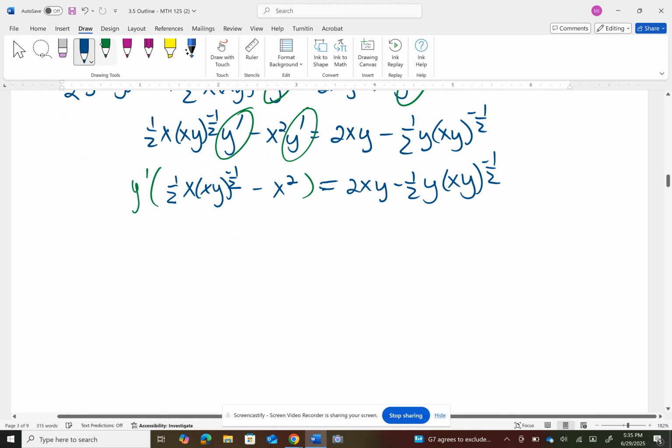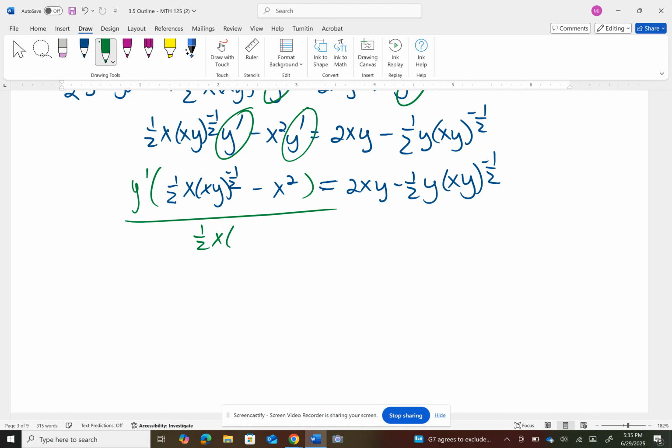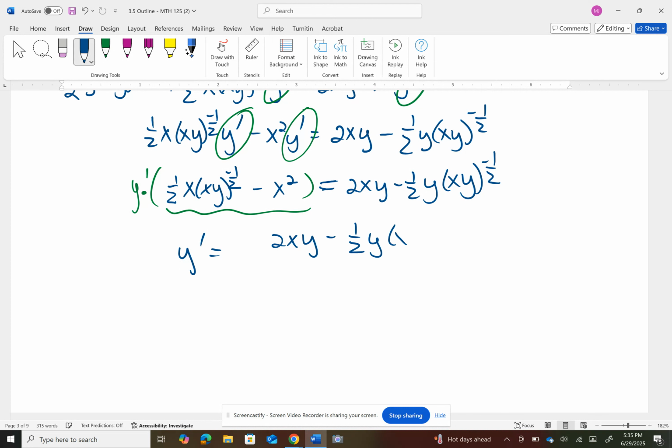All right, and I want this y prime by itself. So I'm going to divide by that same quantity on both sides. So I'm going to have my y prime equaling 2xy minus 1/2 y, xy to the negative 1/2, all divided by 1/2 x, xy to the negative 1/2 minus x squared.